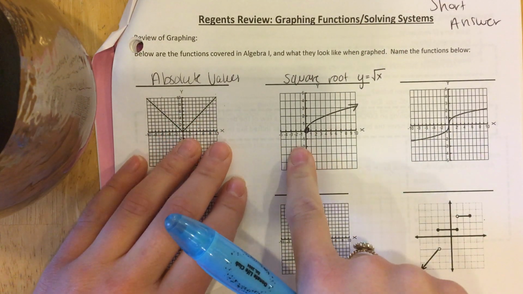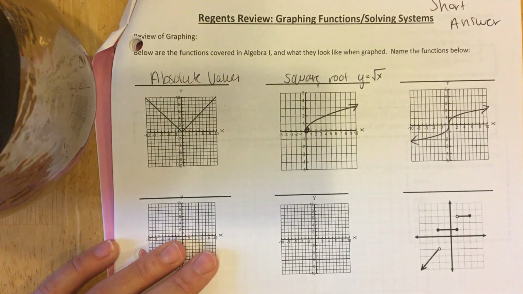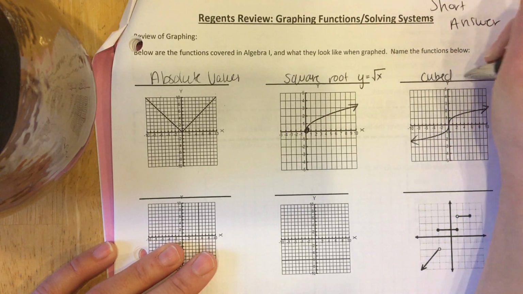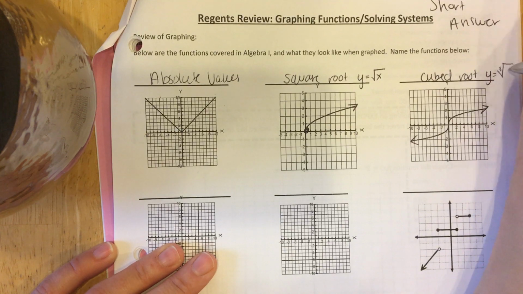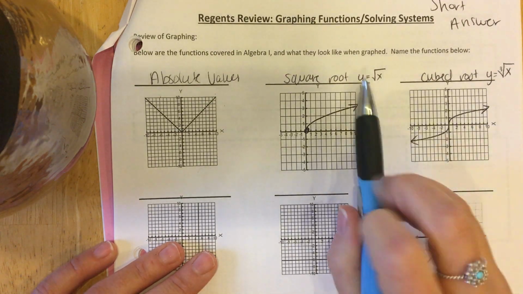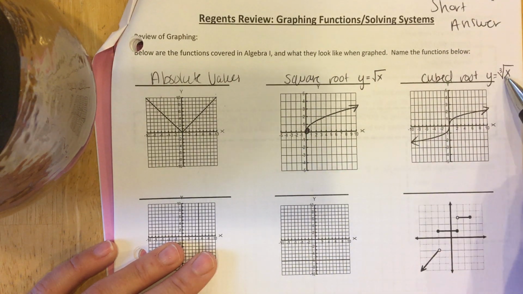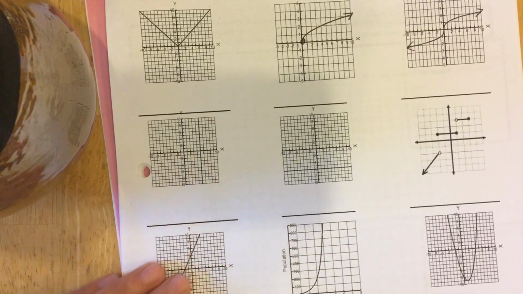Okay, we learned that on Wednesday last week. When it's in an S shape like this, that's your cube root function. So that would be y equals the cube root of x. Okay, square root, right? We can't square root a negative, so that's why it stops here, but you can cube root a negative, so that's why you have some negatives and some positives, okay?